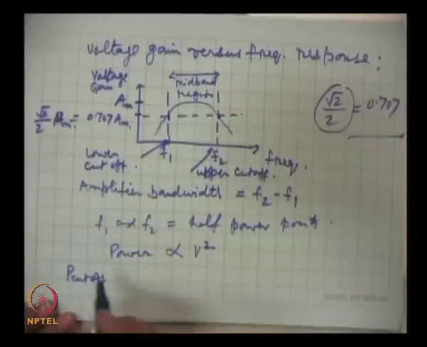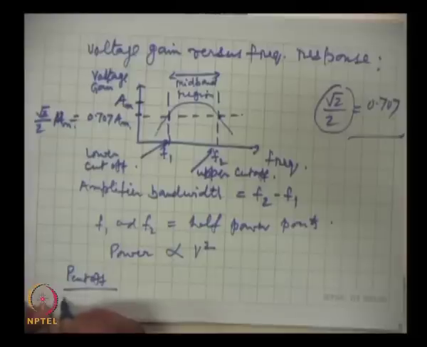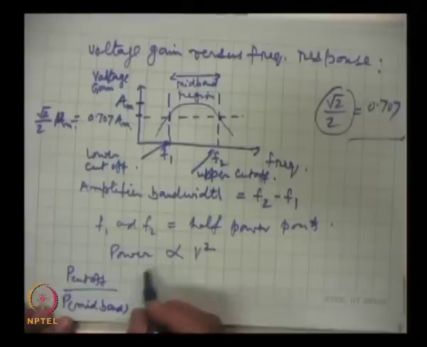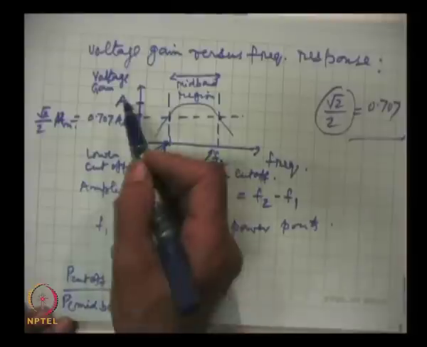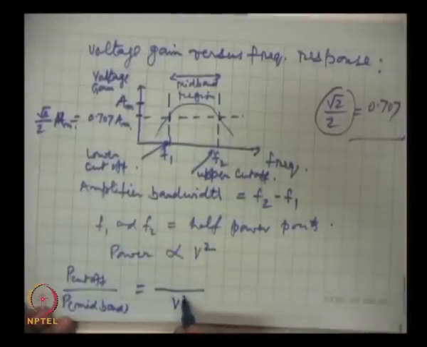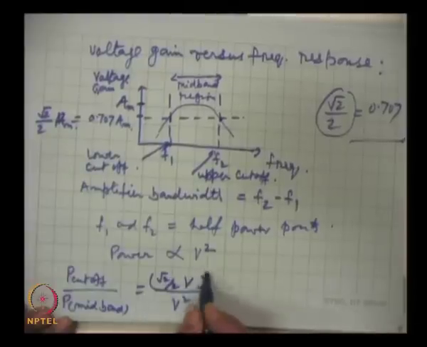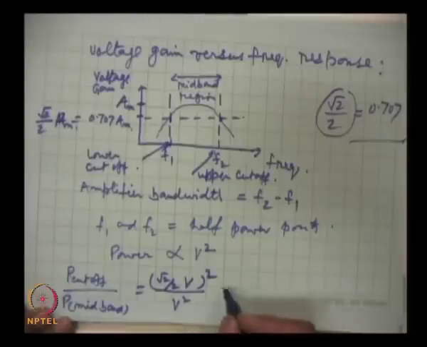So, power at cutoff divided by power at midband is equal to, at midband, if the corresponding voltage is V, V square, and here it is root 2 by 2 into V whole square, and this is half.